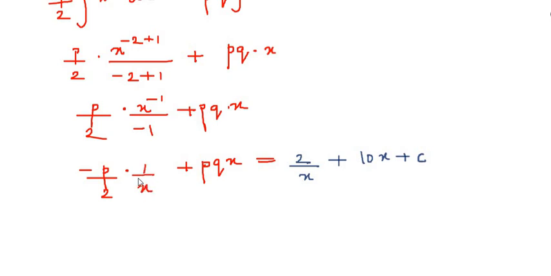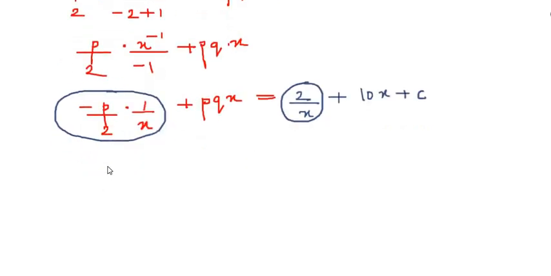I am writing it in this form because we have to compare the terms on the left hand side with the terms on the right hand side. You can see here in the denominator we have x, and this is the term where we have x in the denominator. So we can equate these two and write minus p over 2 times 1 over x is equal to 2 over x. We are just comparing these two terms.